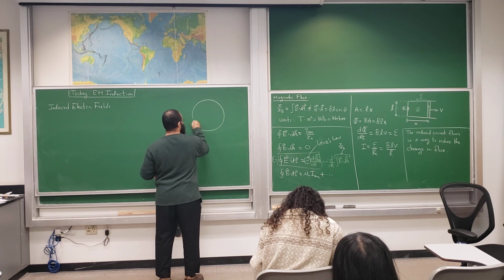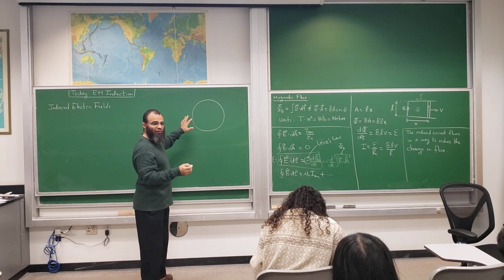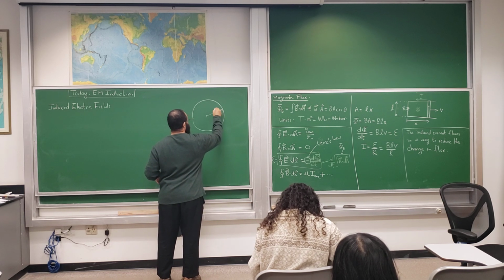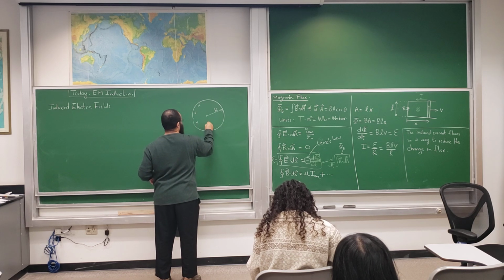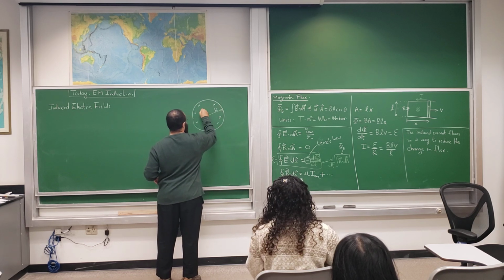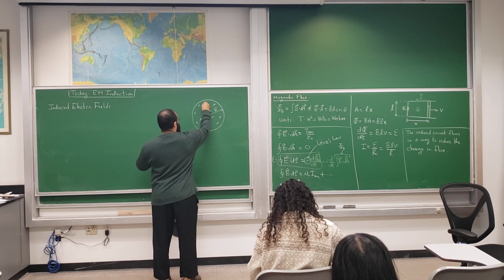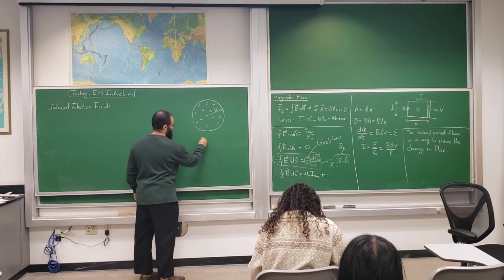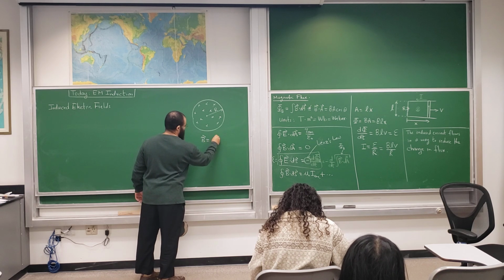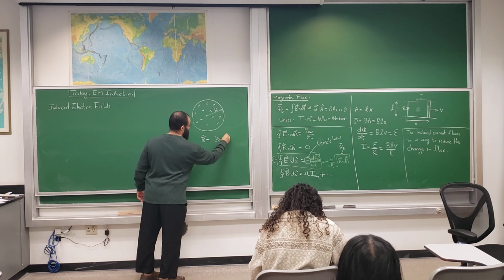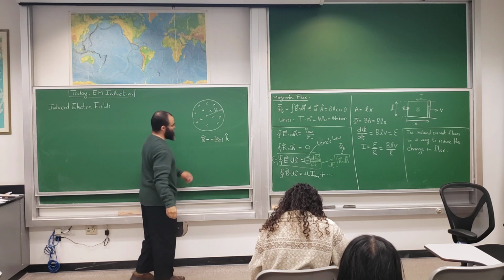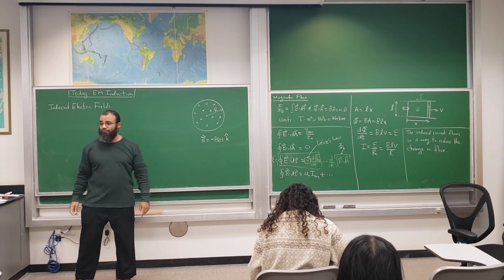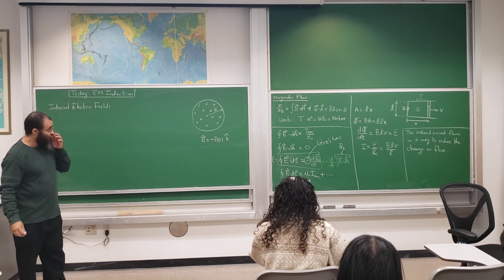This is not a conducting loop or anything, but a region in space of radius, let's say capital R, and we have a magnetic field that's into the page everywhere. The magnetic field is B of t, in the minus k hat direction. It's increasing, or maybe decreasing, with time, and it's into the page.